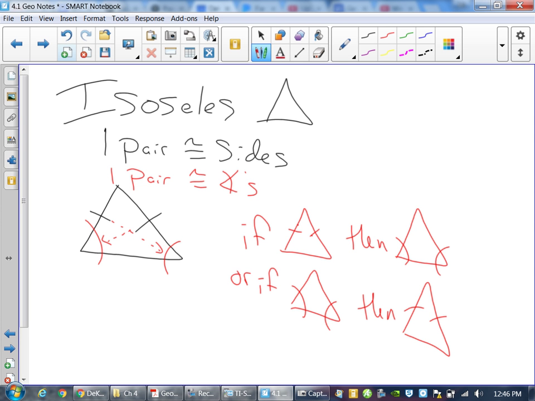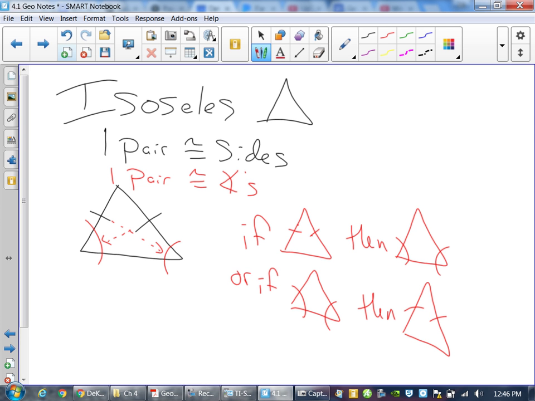You can rotate them all over the place, okay? It makes no difference. Those angles that are congruent in an isosceles triangle are called base angles. And just because they're on the bottom in my diagram doesn't mean they have to be. They can be on the sides, really anywhere, depending on how the triangle is rotated. So it isn't that big of a deal. I know you guys have all seen that.